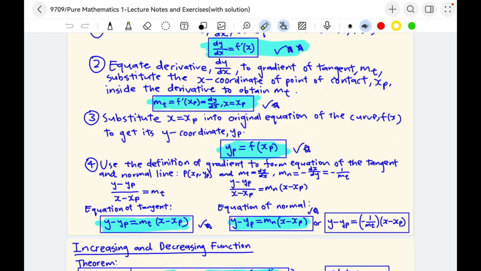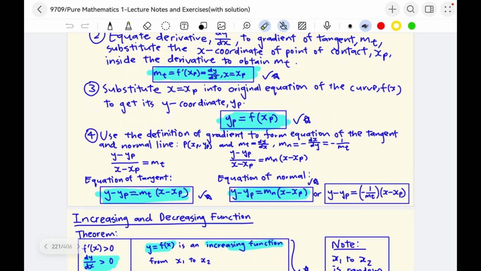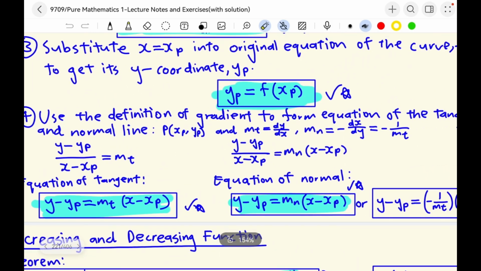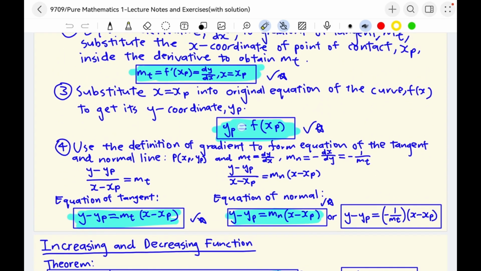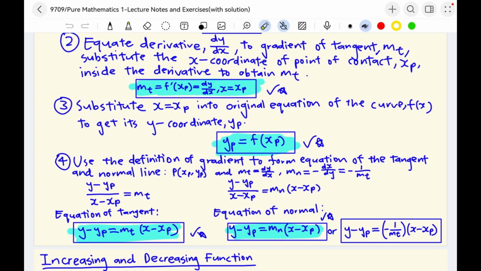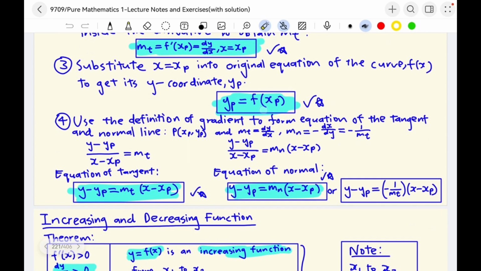It's very simple. I need both the x and y coordinates because we want to form the equations of both the tangent and the normal.